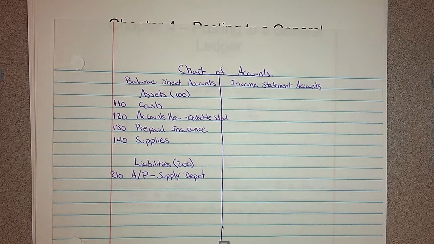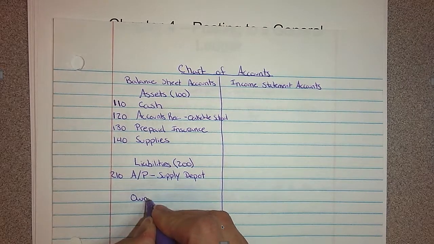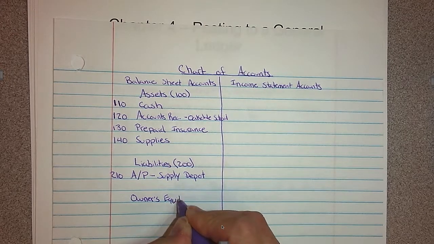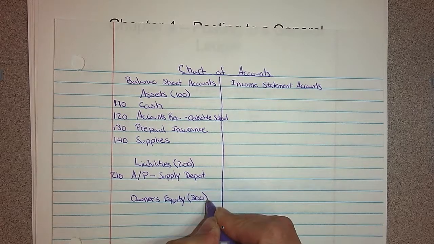Last section on the balance sheet side, assets equal liabilities plus owner's equity. And these are our 300 accounts.